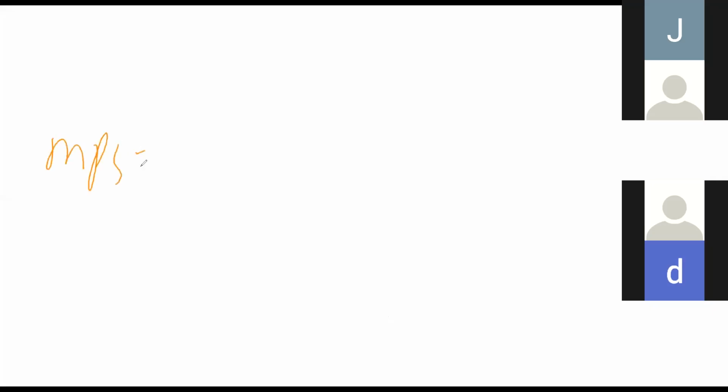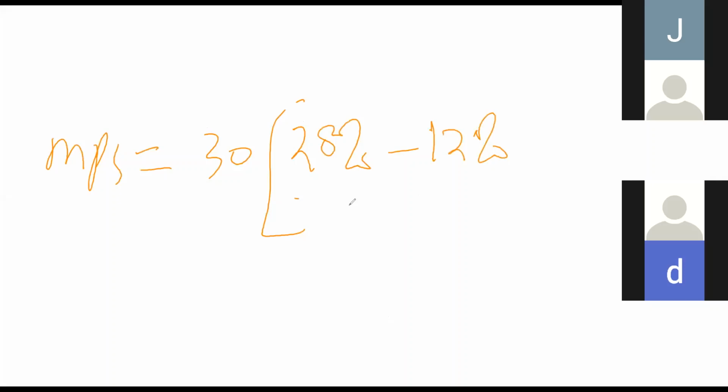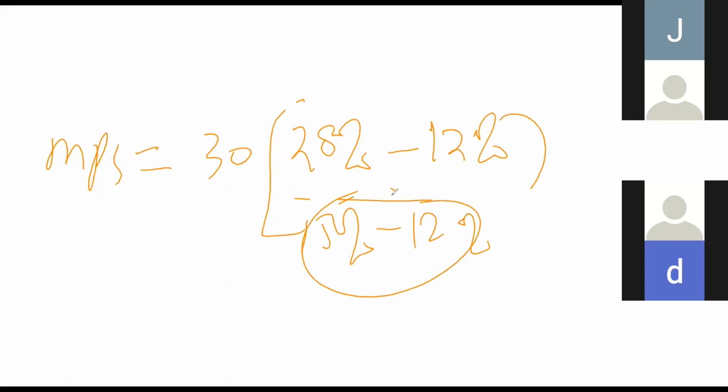So book value per share is 30, return on equity is 20 minus growth rate of 12, over cost of equity 15 minus 12. I think one of the assumptions here is that the cost of equity must always be higher than the growth rate. Otherwise, the model collapses.